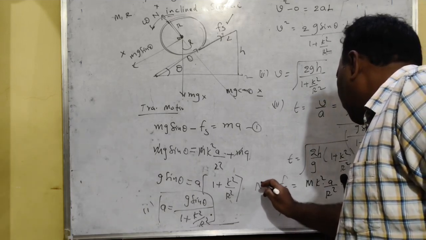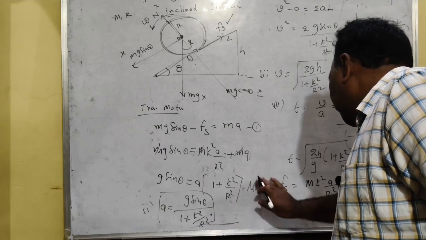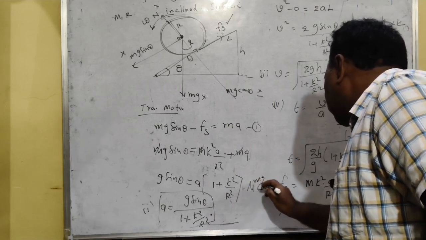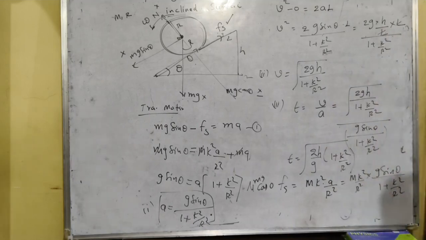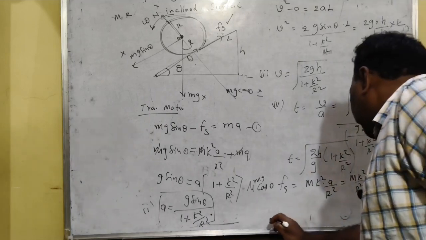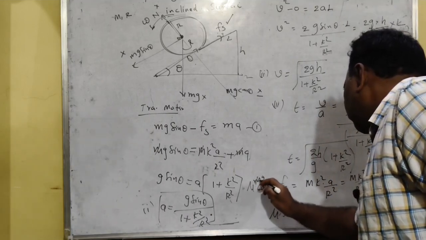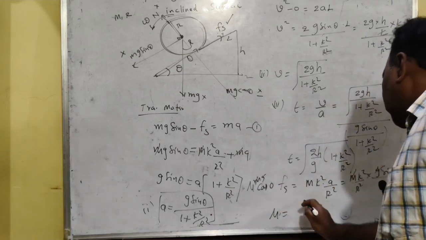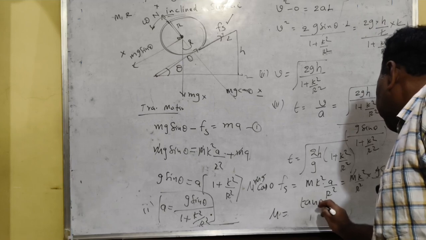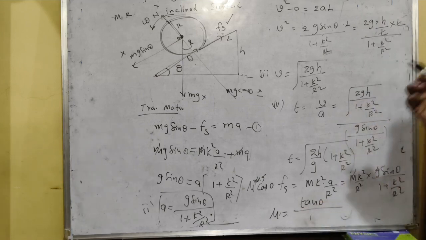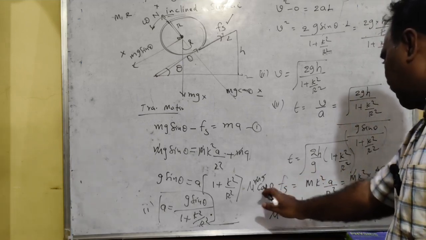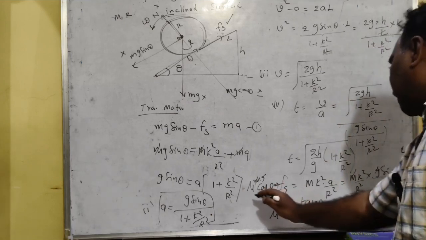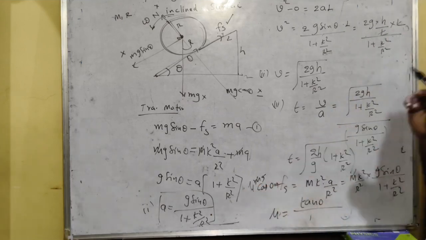Fs is equal to mu n, mu n means mu mg cos theta. Therefore, on LHS and RHS after simplifying, mg cancels, sin theta by cos theta gives tan theta. On the LHS only mu remains, cos theta is already used.